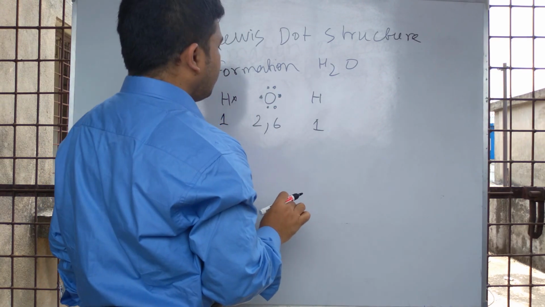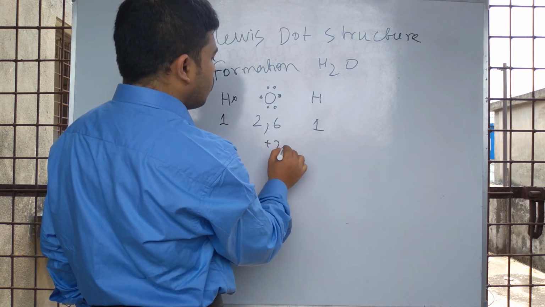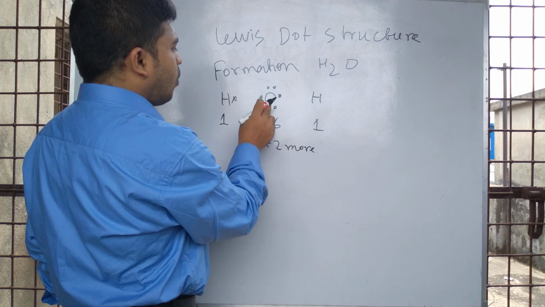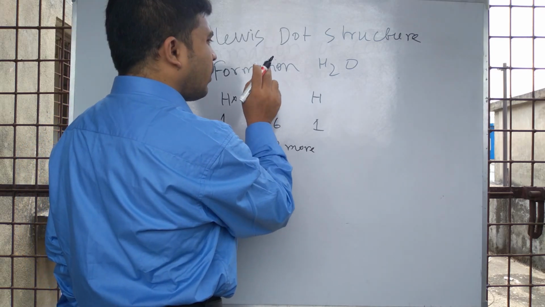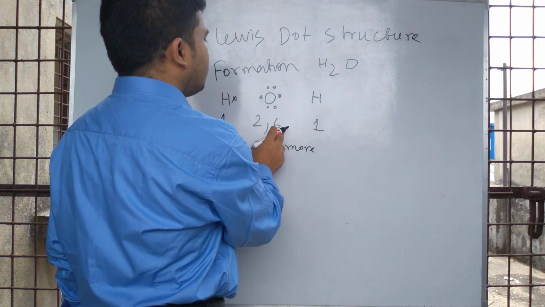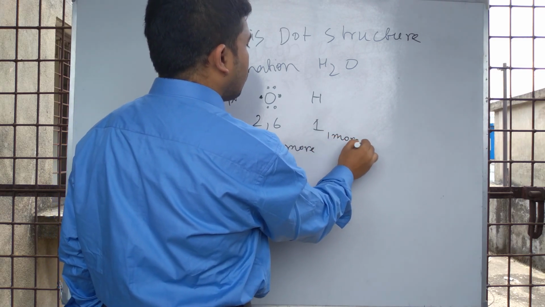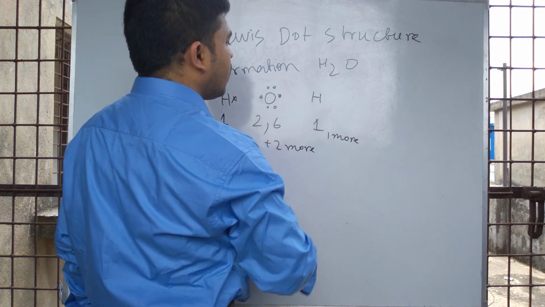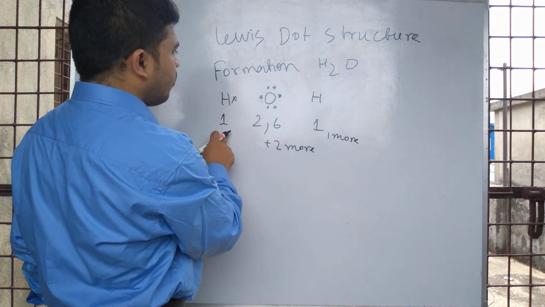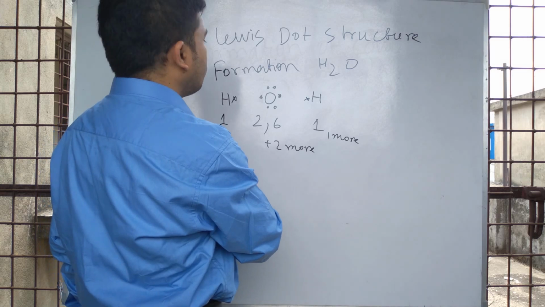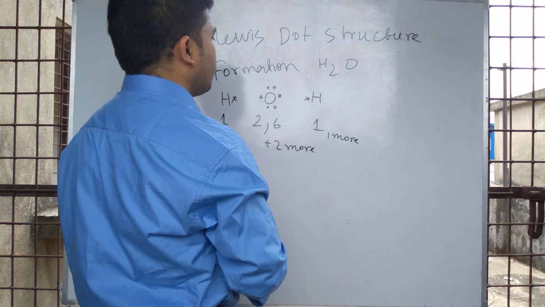Oxygen has 6 electrons, so it needs 2 more electrons to complete its valence shell electronic configuration of 8, and hydrogen also needs 1 more electron to complete its duplet electronic configuration.